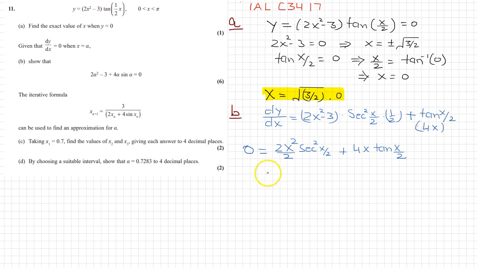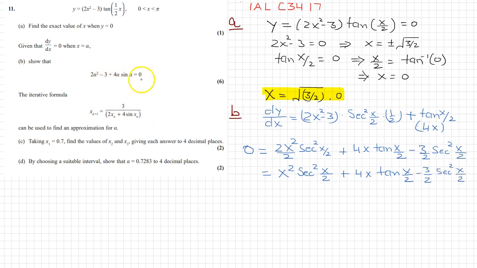So that is equal to x² sec²(x/2) plus 4x tan(x/2). And we have forgotten this, minus 3 over 2 sec²(x/2).